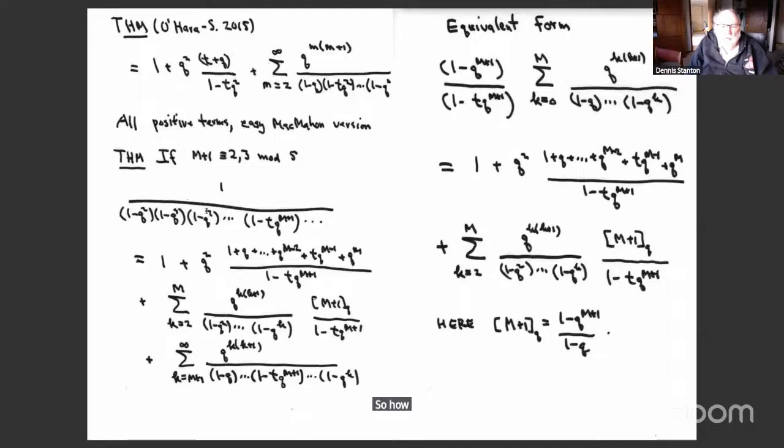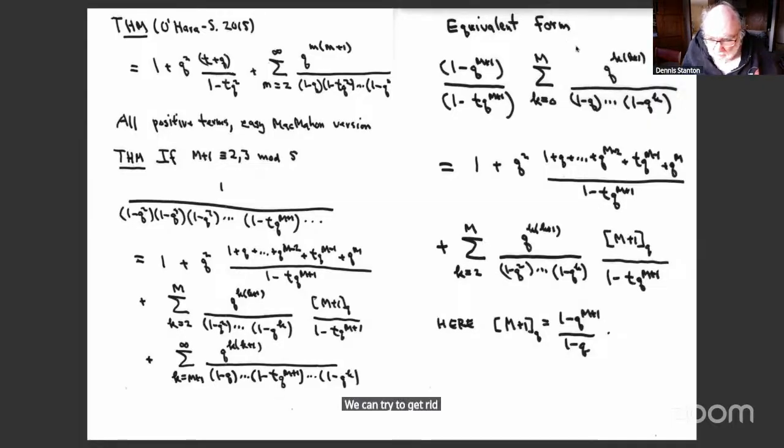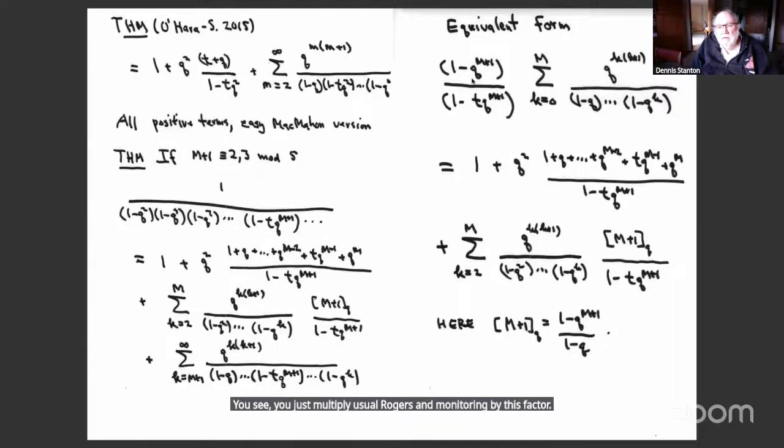So how do you prove this theorem? You prove it by an equivalent identity. You see, you just multiply usual Rogers-Ramanujan by this factor. And then that will kill the m plus 1 and insert the t.